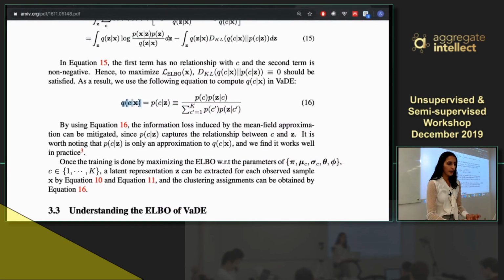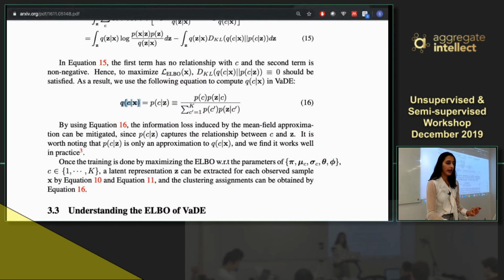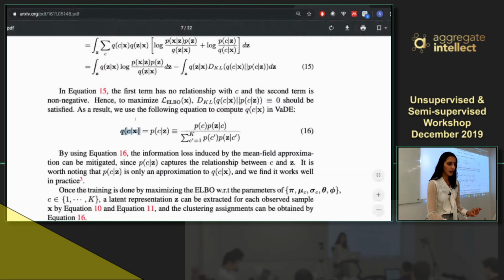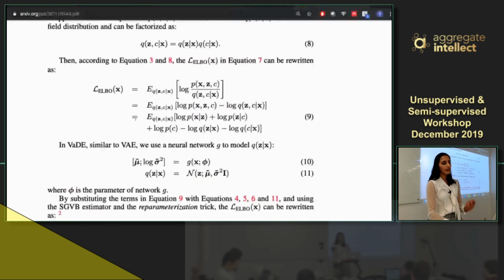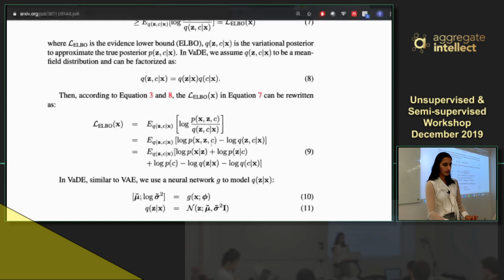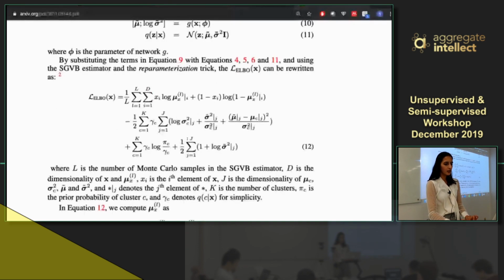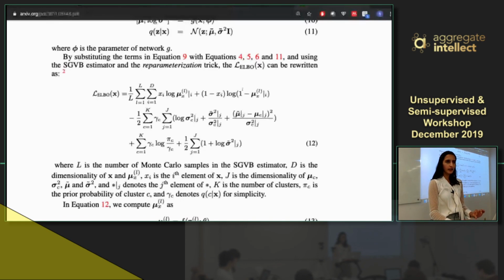So you've got q(c given x), and I would advise you go up to equation 12 actually, because you've got most of this figured out now. You've done your cross entropy part here, and you've done a lot of the part in here as well now.